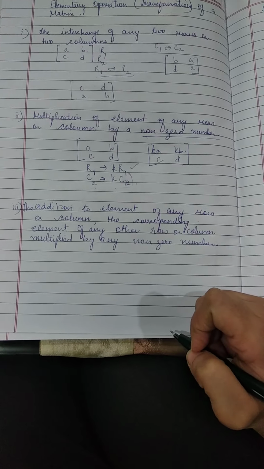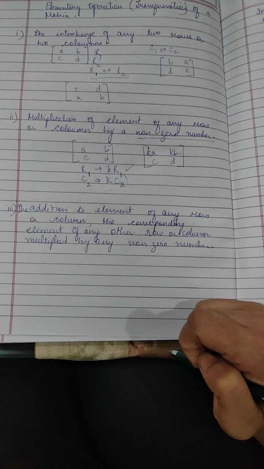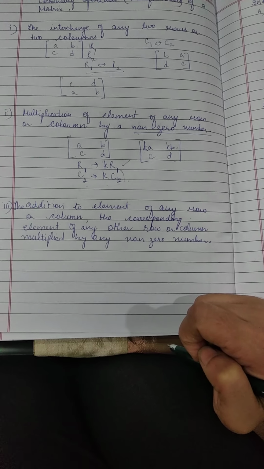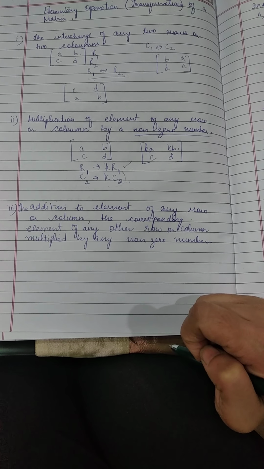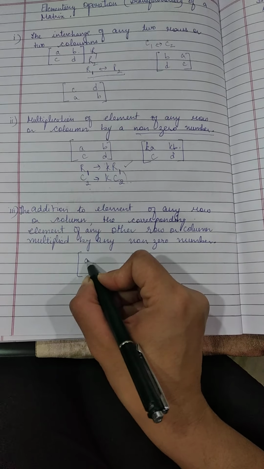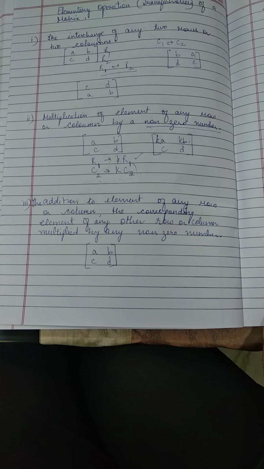The third is the addition to the elements of any row or column, the corresponding elements of any other row or column multiplied by any non-zero number. Now again I take the same example, that is I have a 2 by 2 square matrix ABCD.